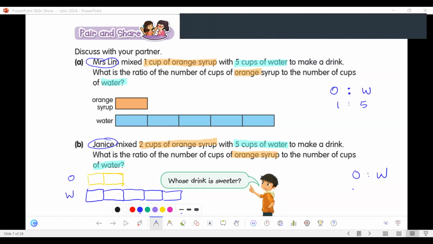Yes, Mr. Bell? 2 is to 5. Okay, so looking at this, whose drink do you think will be sweeter? Mrs. Lim or Janice? Janice, because looking at the same orange juice they make in the end of the day, Janice put in more orange syrup. Okay, that's right.